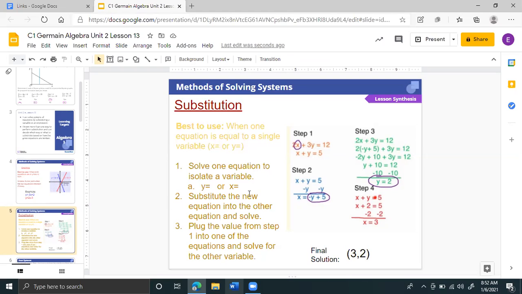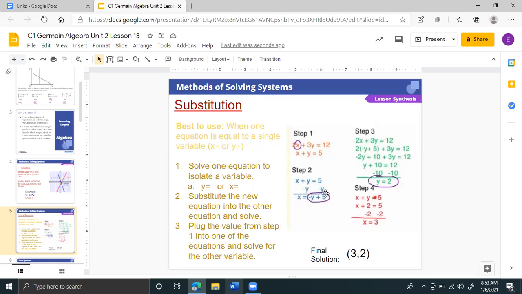The way that we do that is we solve so that one of the equations has a variable isolated, y or x. We substitute the opposite side of the equal sign in. So this one right here, for example, we rewrote so that it was x is equal to -y plus 5. Then we take the opposite side of the equal sign and substitute it in for that variable in the other equation.